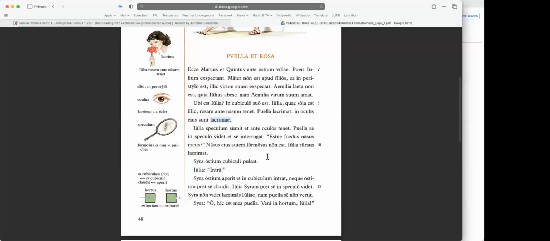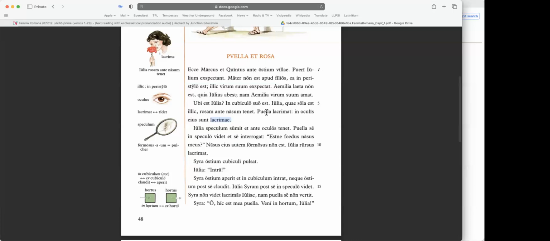And then, okay, on line 6, in oculis eius sunt lacrimae, shouldn't eius be suis? Does she not own her eyes, or is it just not seen that way? It could actually be either one. You can use suis, suum if it is the property of the noun in question, but you don't have to.